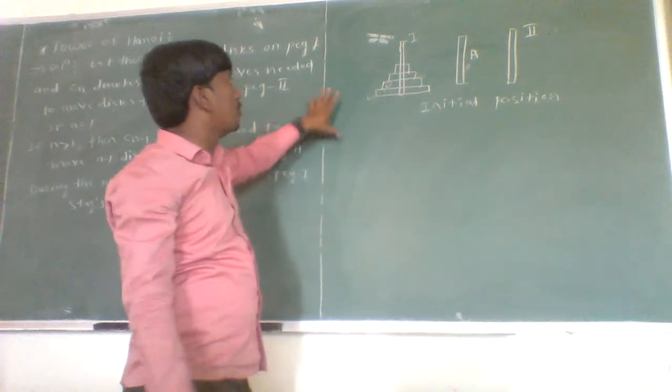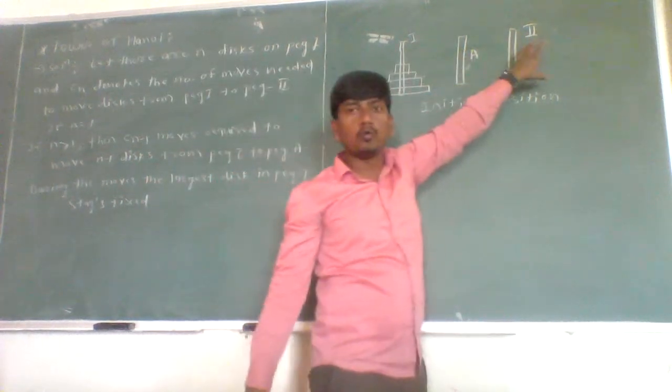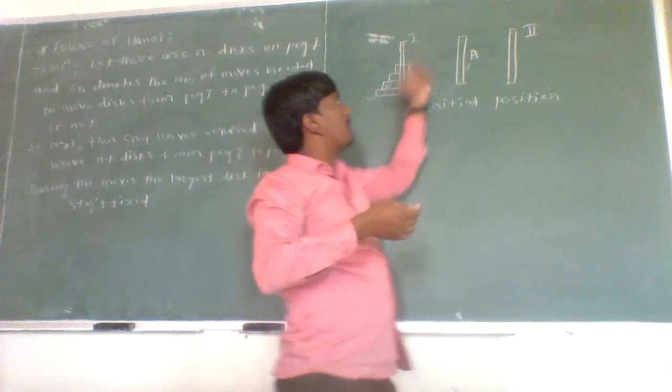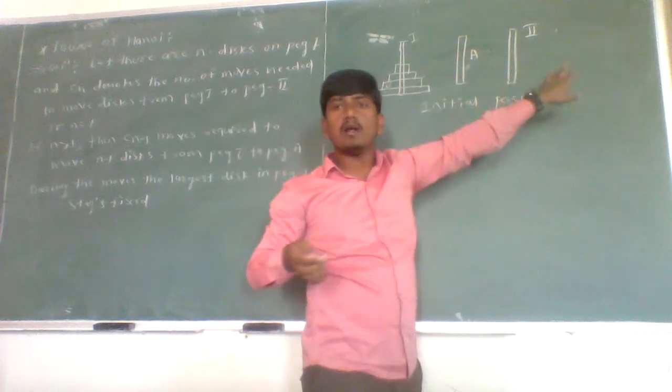Since we have to move all the discs from peg 1 to peg 2, now we can simply take one move to move the largest disc from peg 1 to peg 2.